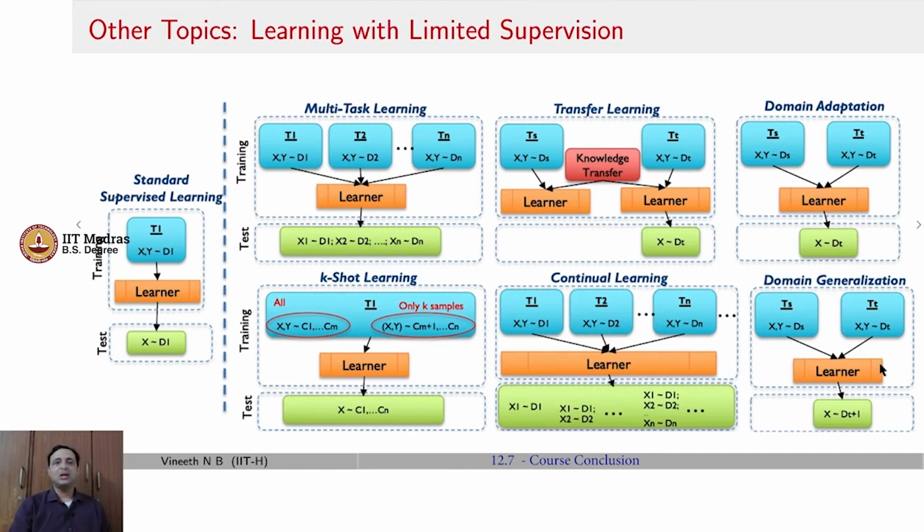The last setting we'll talk about is called domain generalization. You could consider this as an extension of domain adaptation. You have multiple domains, in this case say 2, DS and DT. You train a model, but now the model has to work on a third domain or a different domain, DT plus 1.